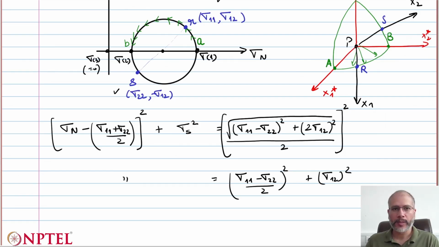Now please remember that while we're discussing just one circle, when we move on the circle, we stay on the designated plane, that is the plane x1 x2 or x1 star x2 star plane. Now there is no reason for us to stay in that plane. Of course, our cutting planes can be oriented in such a way that their normal n hat may not be in the designated plane.